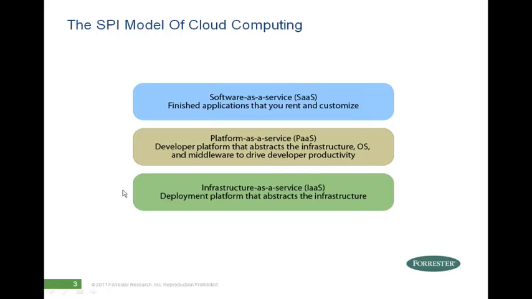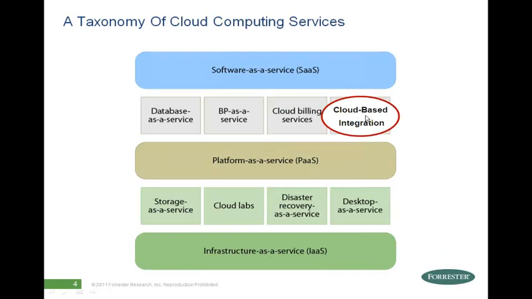And finally, infrastructure as a service or deployment platforms that abstract the total operating infrastructure. We'll be talking today primarily about the SaaS category, and this chart breaks it down a little bit further, showing some of the key deliverables under the software as a service category. And the one we will focus on today will be cloud-based integration that I show circled in red.